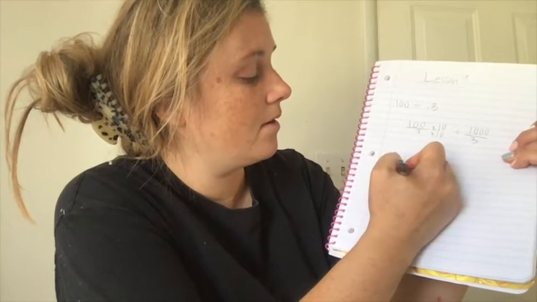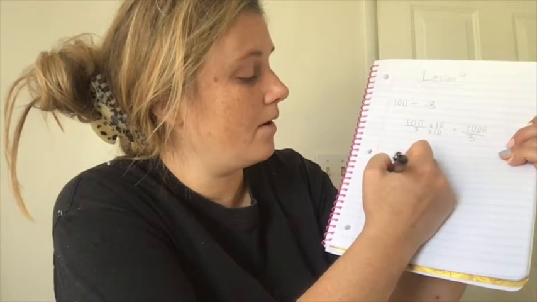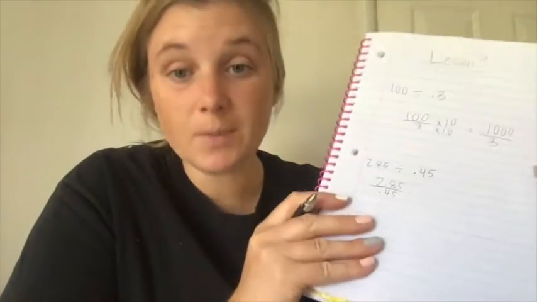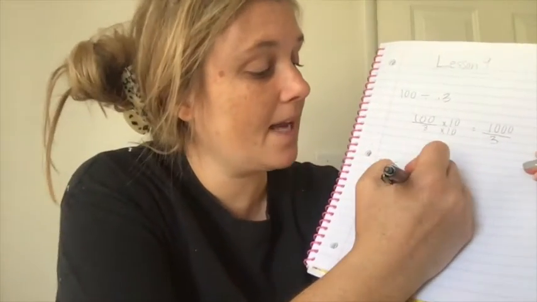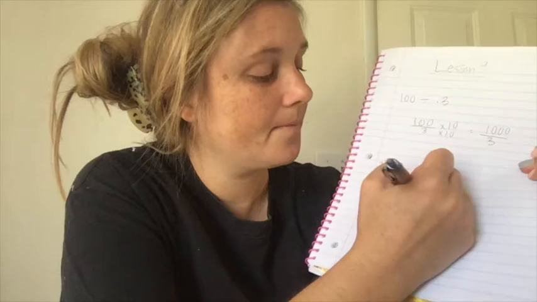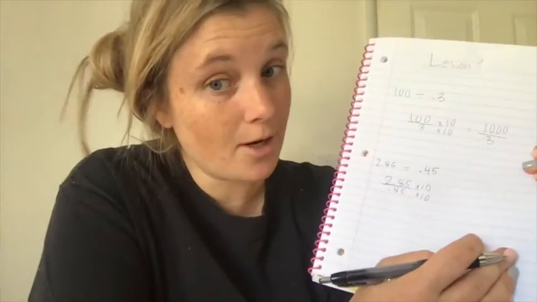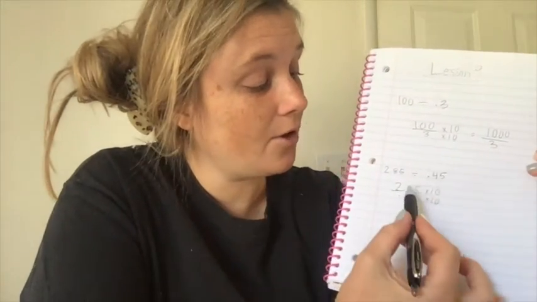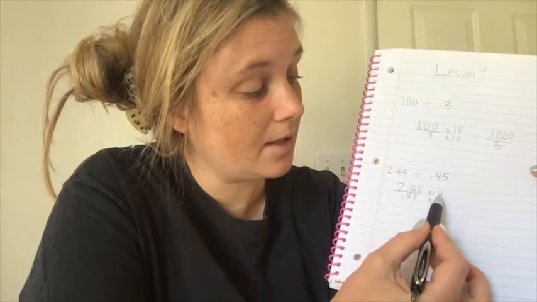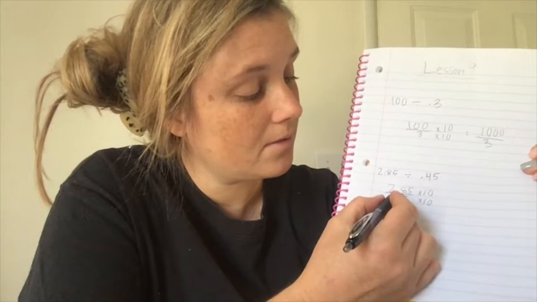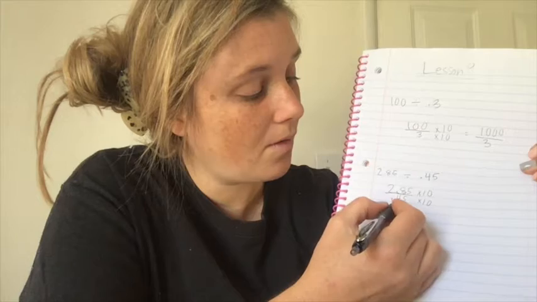285 divided by 0.45. What do we need to do? Multiply by 10. So remember, if you're multiplying by 10, you go to the right with your decimal point. We look at our zeros. We've got 1 zero, so we go over.